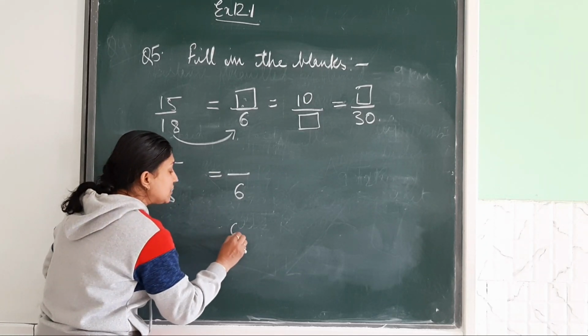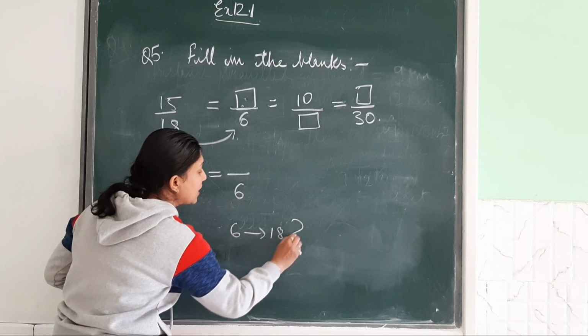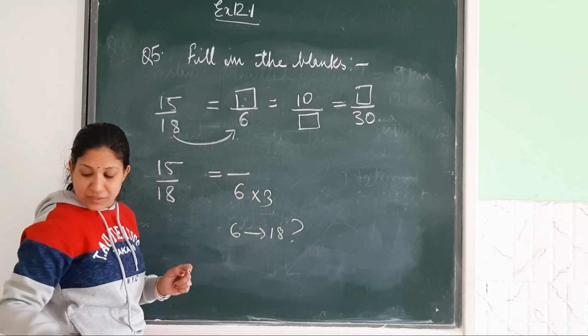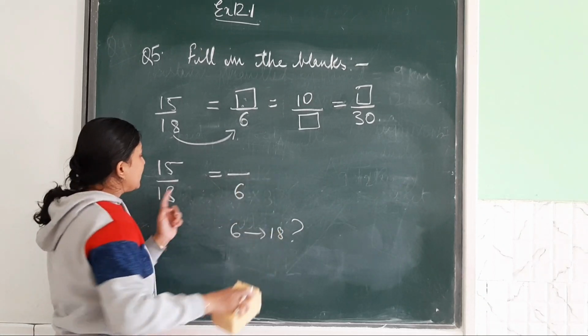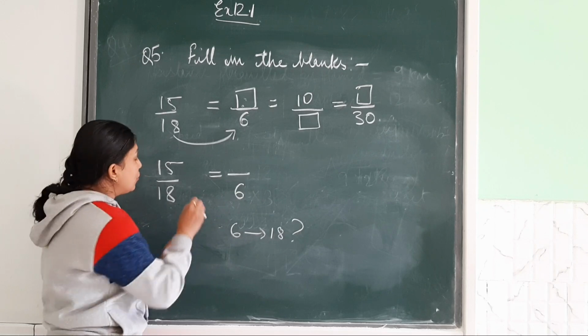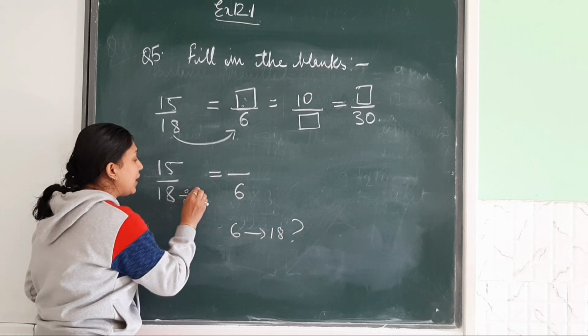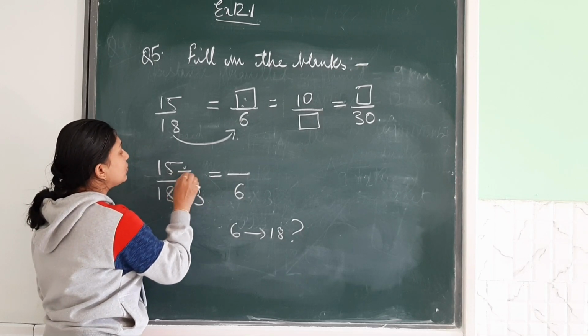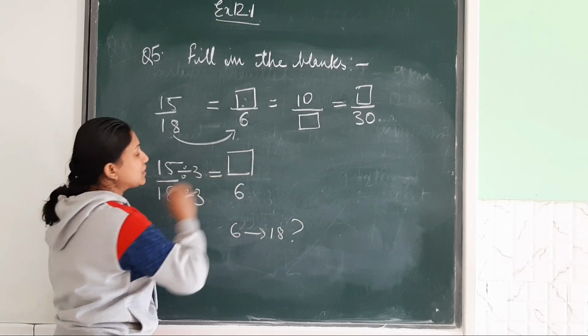Now tell, in the 6 table, when you get 18, 6 into 3, yes, but we have to compare with this number. So if you multiply, they should be equal. That means here you will divide by 3. Same thing you will do here also. You will get the missing number.